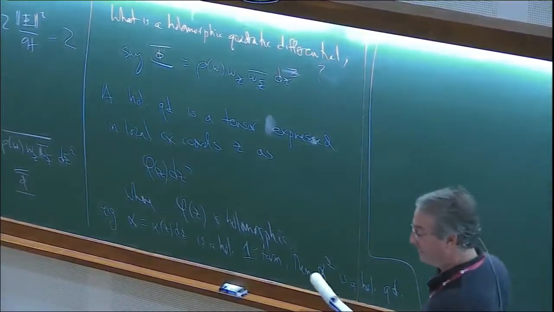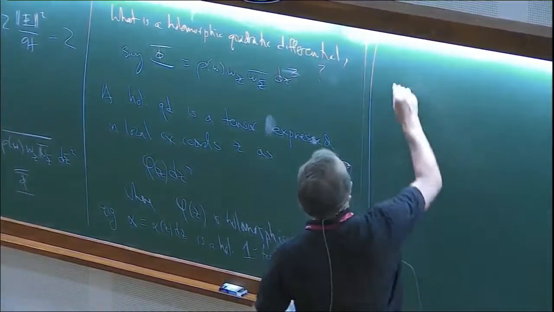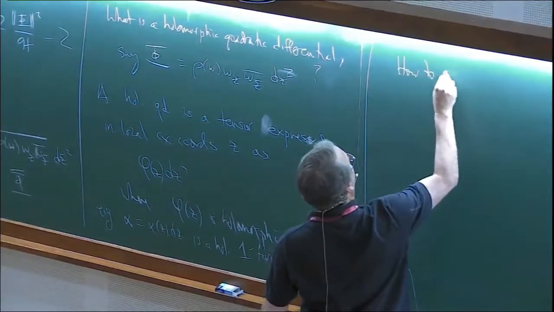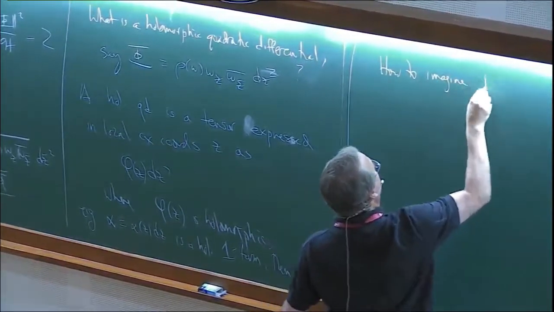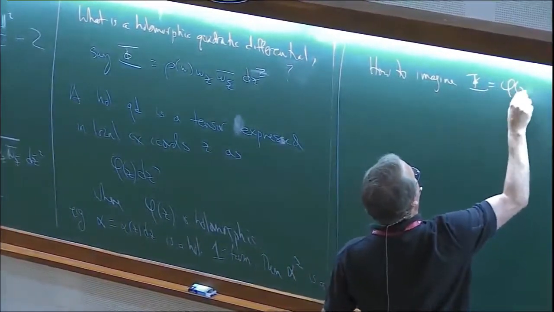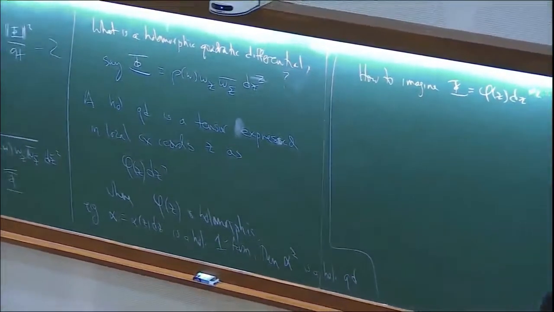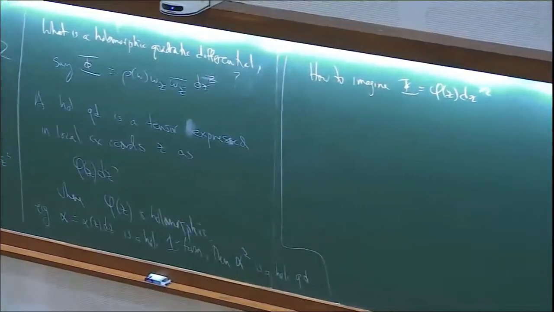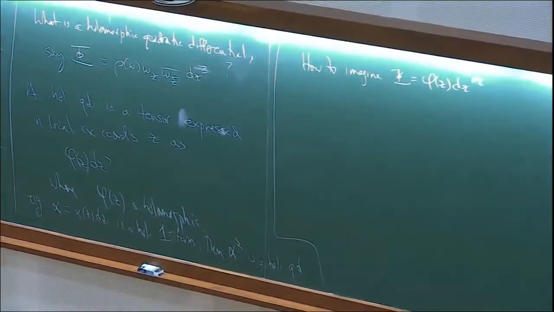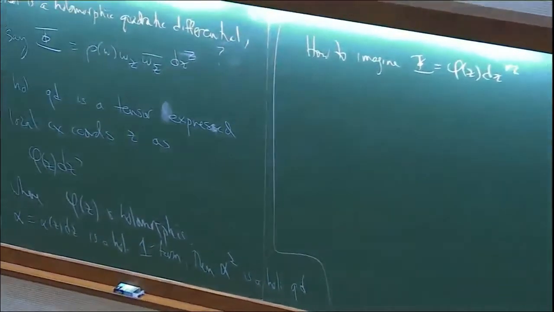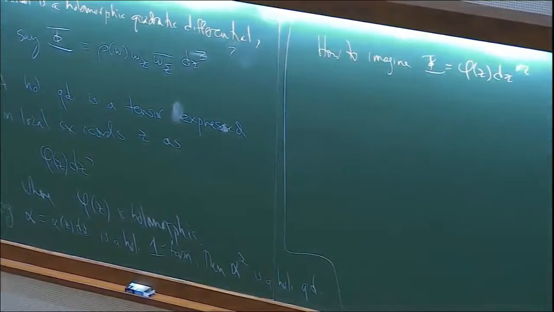Let me take a different point of view and try to draw you a picture of these things. So how to imagine a phi which is written locally as phi of z dz squared? Well, this is a holomorphic object. So holomorphic objects are almost entirely determined by their divisors, by their zeros, right?